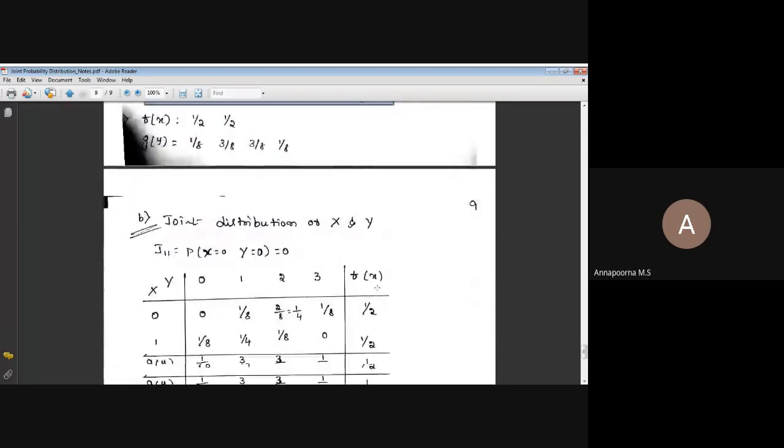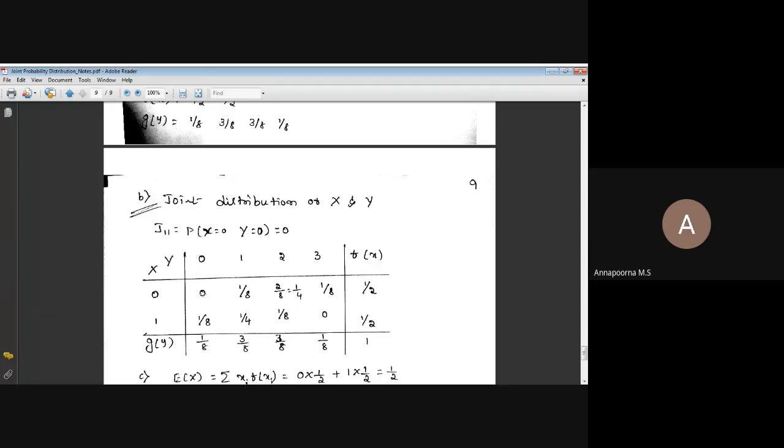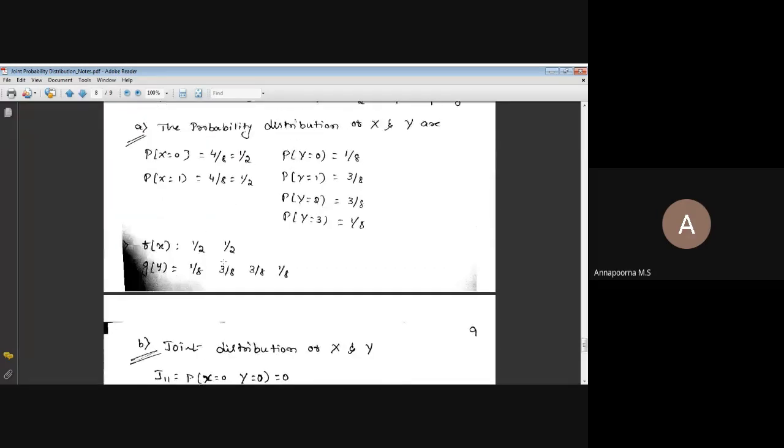Now in the second sub question, we will go for finding the Jij values. Jij values means joint distribution of x and y. In order to find these values, we need to look at both values x and y. So this is your J11, which corresponds to probability of x being 0 and y being 0. You can check here in this table.